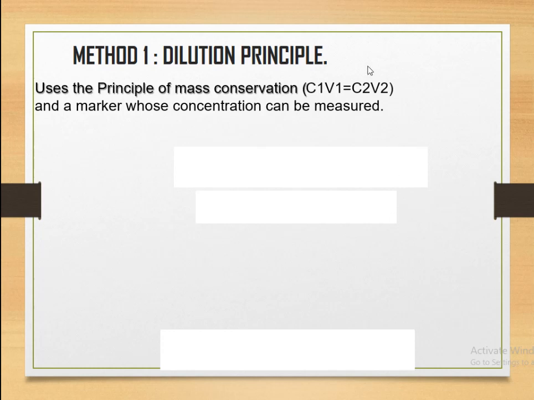This also helps us come up with a theory whereby the concentration of a given solution, the first solution, times the volume should be equal to that. So these are easy measurements which you can simply use. From there you can see this is the mass, there is the concentration, and that is the volume.